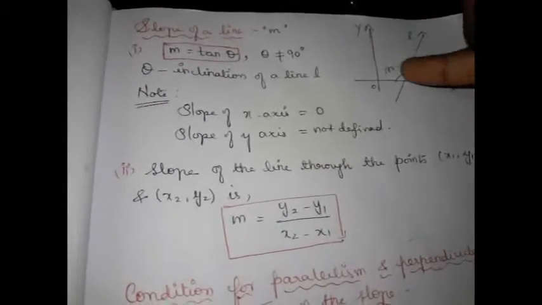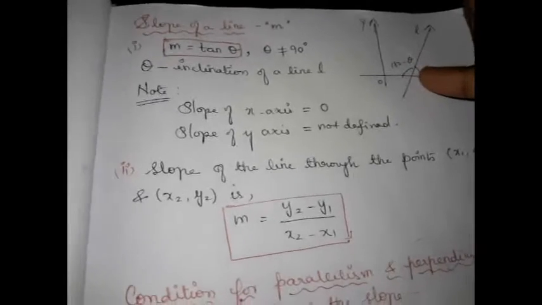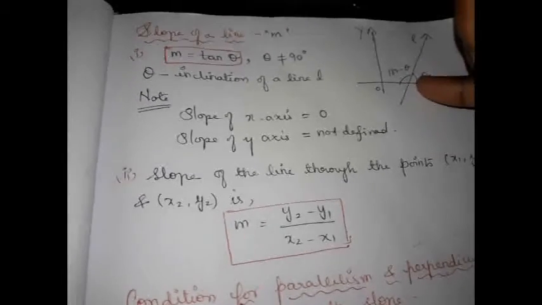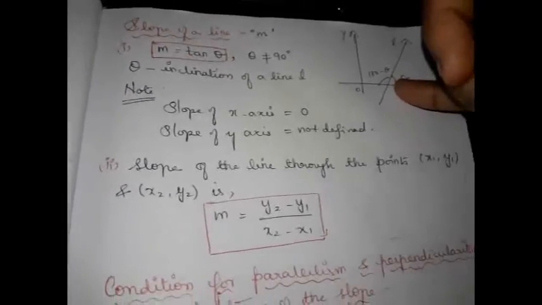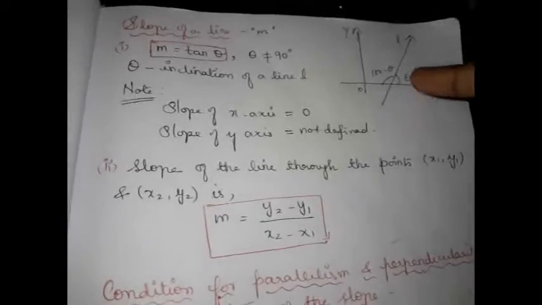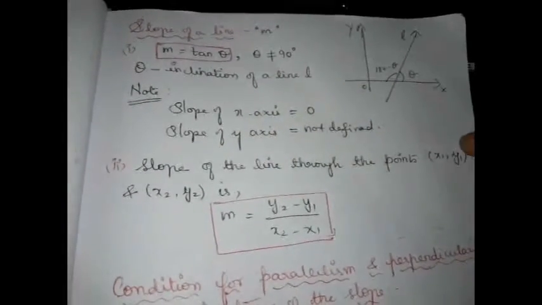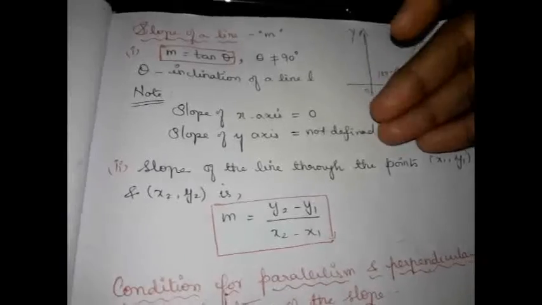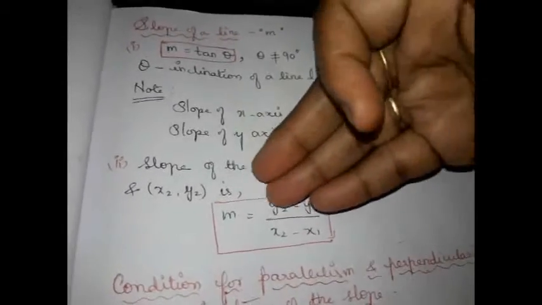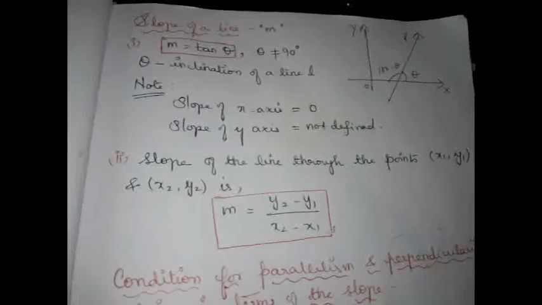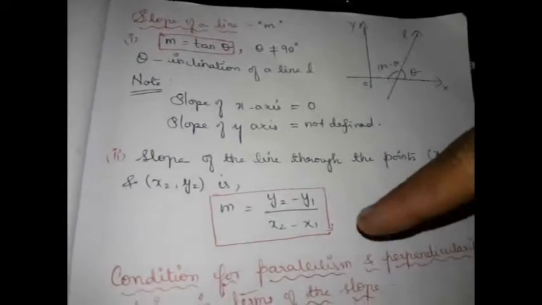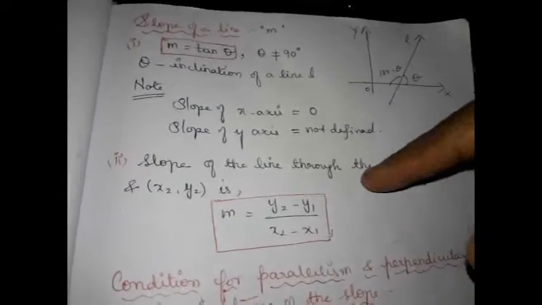So when the inclination of the line is known, slope is tan theta. But if the inclination is not known, and if you know the 2 end points of the line segment, then how will you find the slope? There is a formula which is y2 minus y1 divided by x2 minus x1. If you apply this formula, you can find the slope of the line, right?